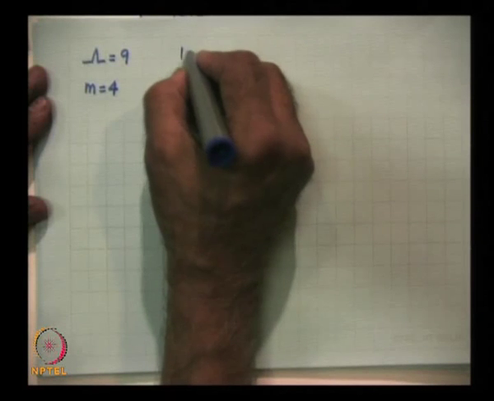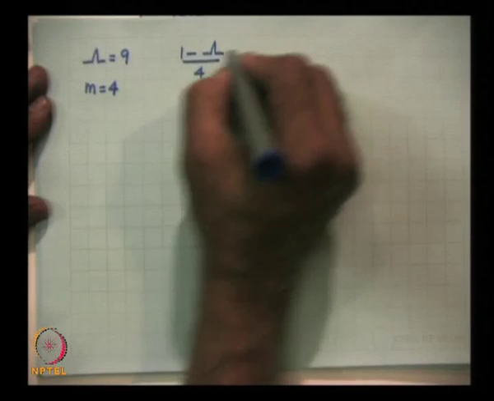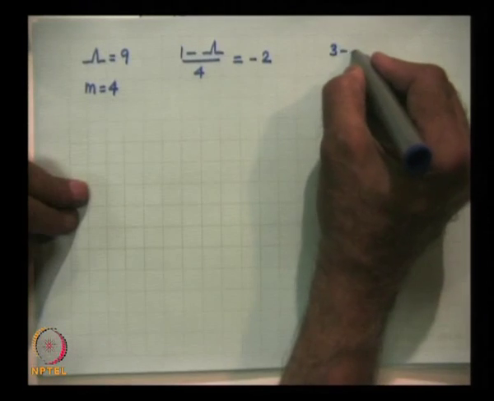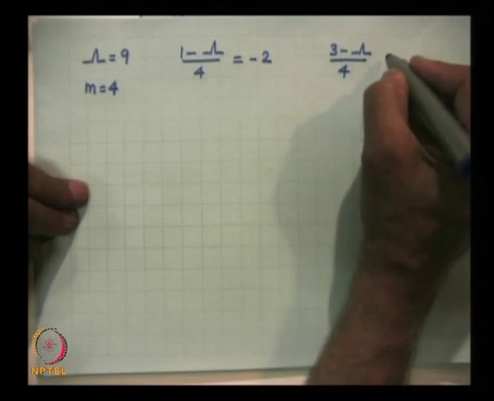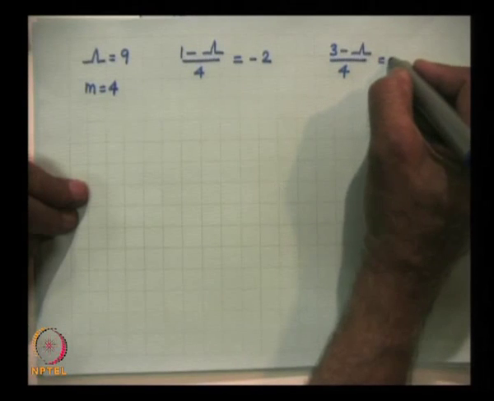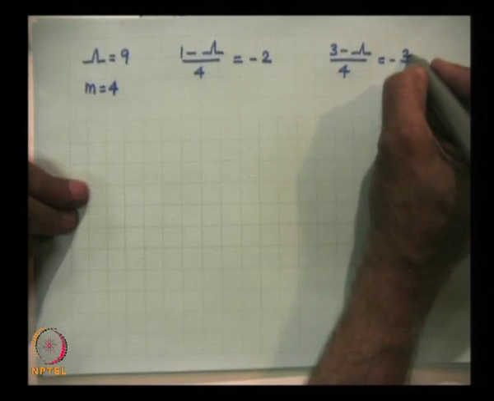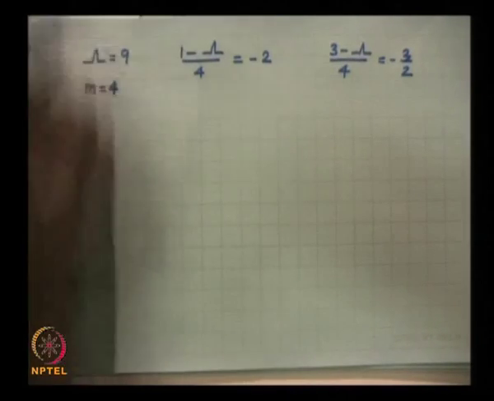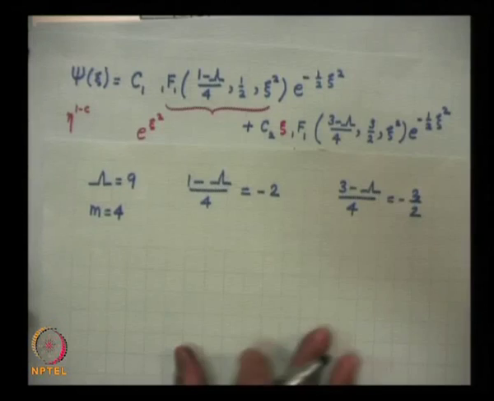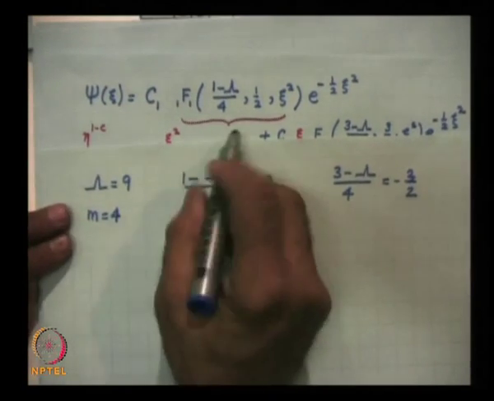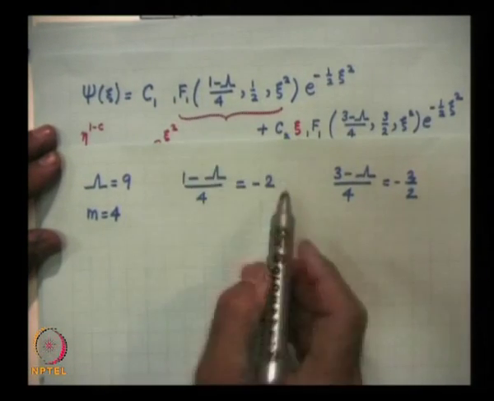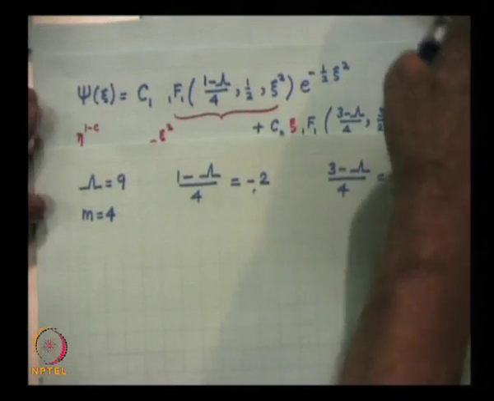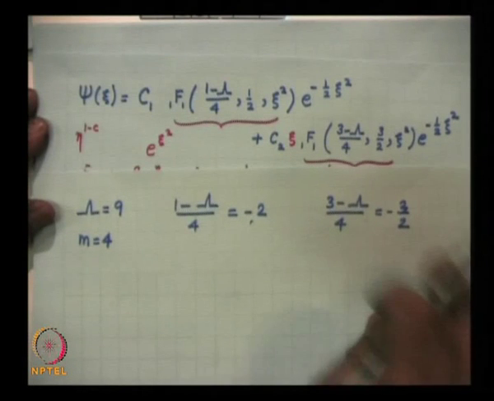So, you have 1 minus lambda by 4, which is 1 minus 8 by 4, that is minus 2, and 3 minus lambda by 4 is 3 minus 9 by 4, something like 3 by 2. So, once again, since this becomes minus 2, this series will become a polynomial, this series will not.